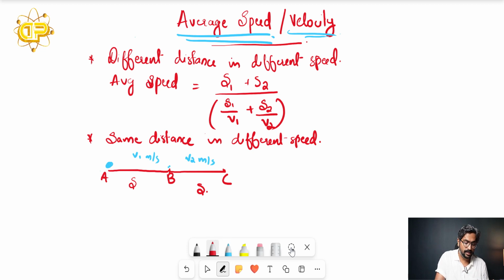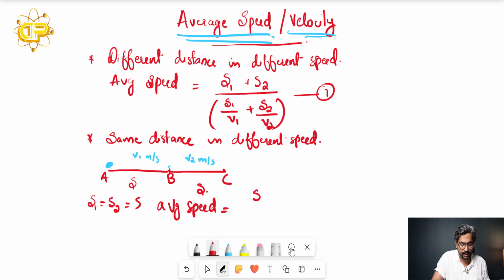Here you know this equation 1, and substituting the value, S1 is equal to S2 is equal to S. Then how will the average speed look? The average speed will be equal to S plus S divided by S by V1 plus S by V2.